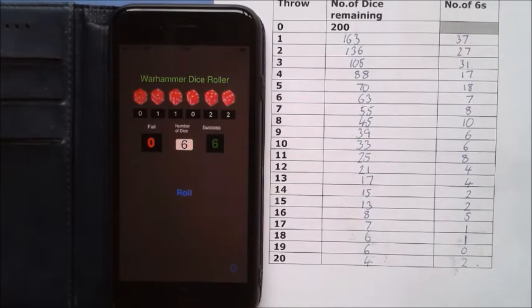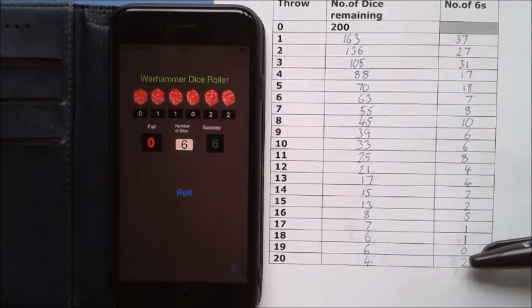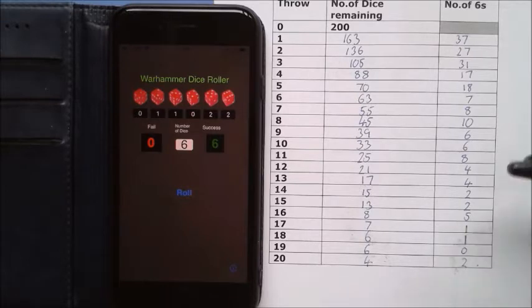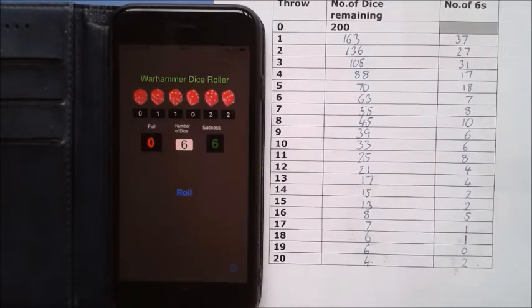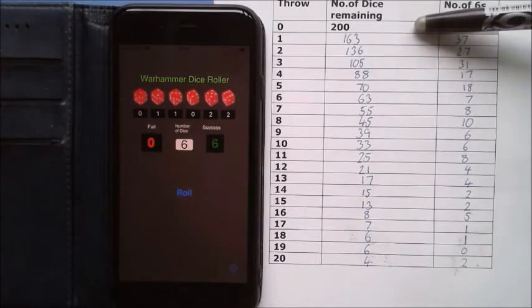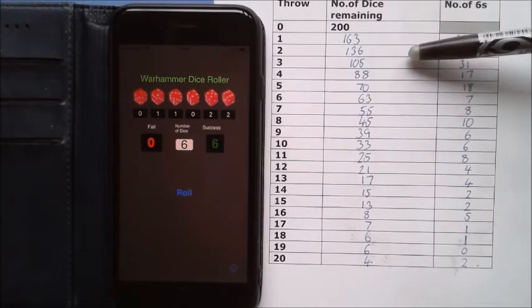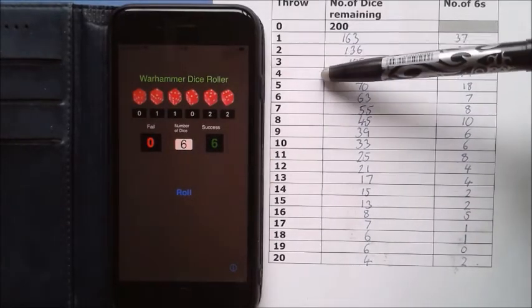Okay, so if we look at these results now, you can see these numbers down here look really random. But these numbers down here go down in a fairly steady pattern. And if we look, remember that half-life is the time it takes for half the remaining atoms to decay. Well, half of the atoms have decayed from 200 down to 100 in about 3.5.